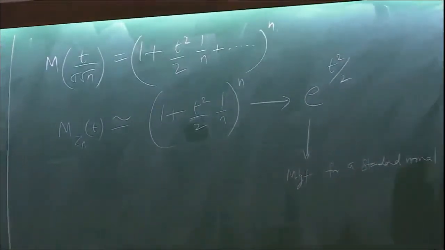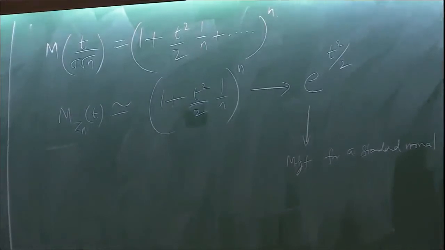So if you look at the sum of n identically distributed random variables, that goes to a normal distribution in the limit that the number of variables is infinite. These people have seen most of them.